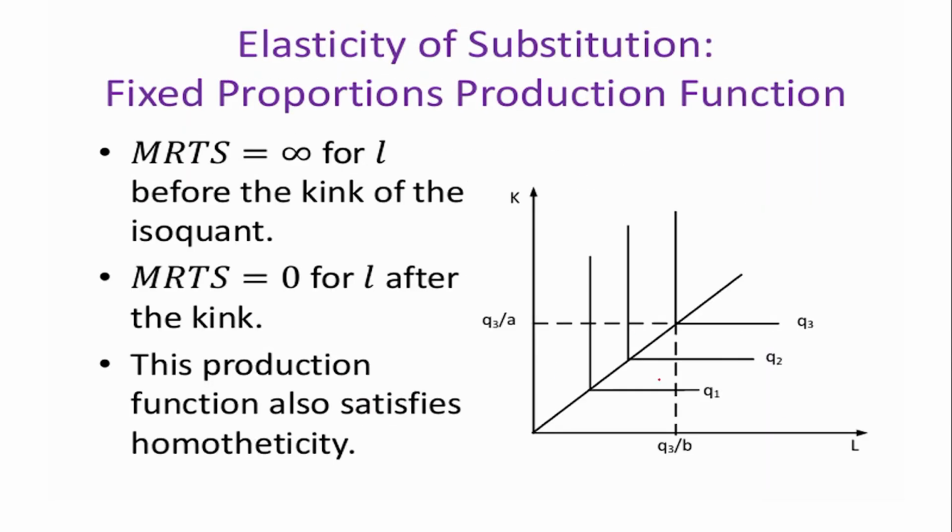We can take help from a graph to illustrate the fixed proportion production function. In the q1 isoquant, we can use that amount of L and that amount of K to produce q1. But are we going to that type of production?